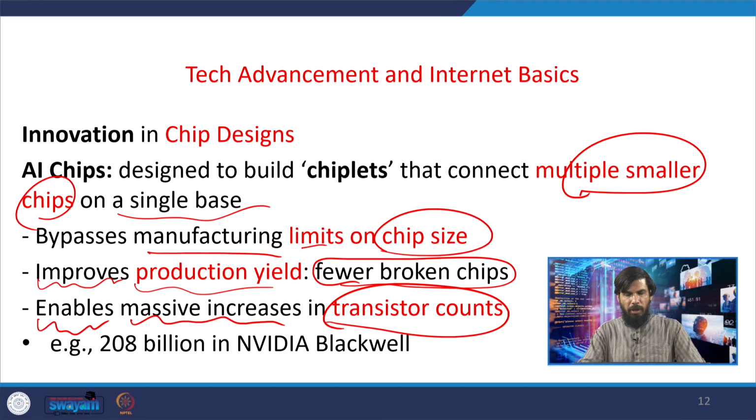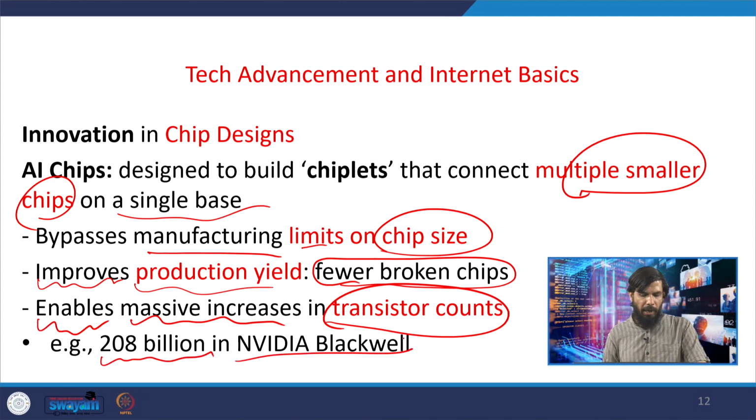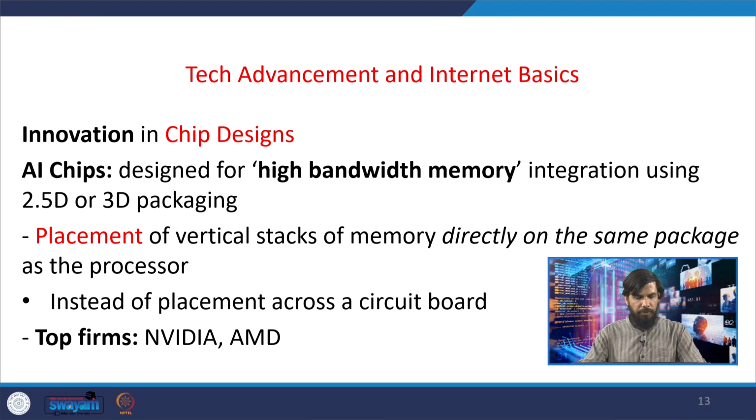So the transistor counts can still go massively up. One example is 208 billion transistors in NVIDIA Blackwell chips. So all these benefits can be seen. Next are a few more improvements in the AI chip, but we will discuss those in the next session.